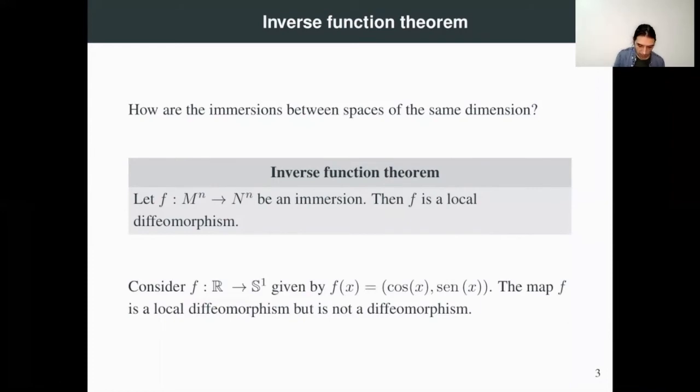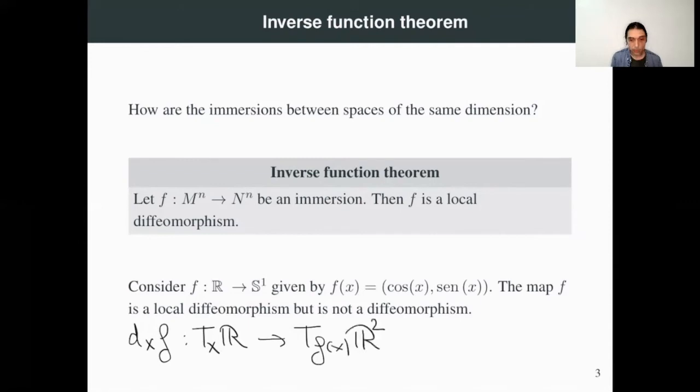What happens is that the differential of f can be interpreted as a map from the tangent space to R at x, that can be identified with a real line, to the tangent space of R^2 at the point f of x. It can be interpreted as a map from R to R^2. And the matrix, indeed, is going to be a 2-by-1 matrix.